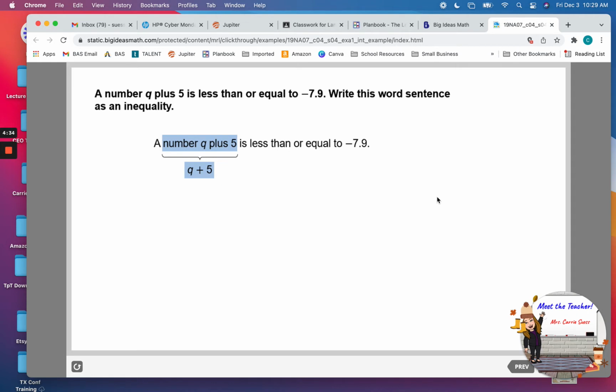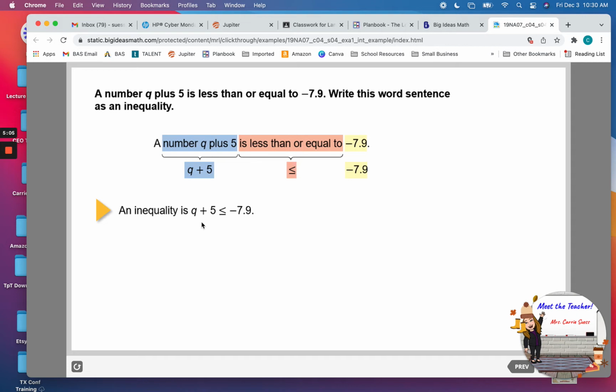A less than symbol, which way is the alligator opening to? Right. To the right. It's less than or equal to. So, yes, you do have the line under it. So the alligator opens to the right. And then we just write negative 7.9. That's the easiest part. And there is your inequality. Q plus 5 is less than or equal to negative 7.9.